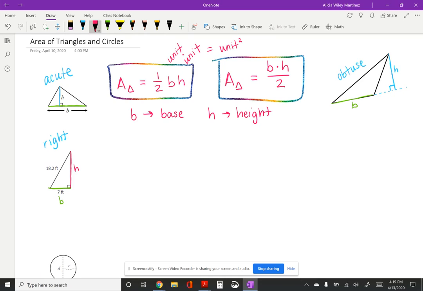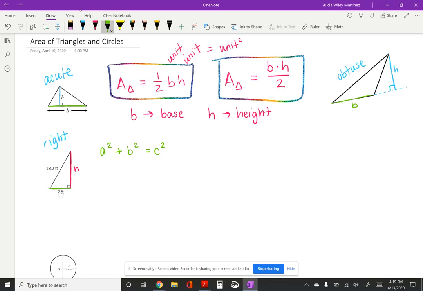What you will notice is that the height is not given to us, but this is a right triangle. So never fear, Pythagorean is here. Pythagorean theorem being represented by leg squared plus leg squared equals hypotenuse squared will allow us to find that height, right? Now that height that we don't know, I'm going to call it h, is a leg.